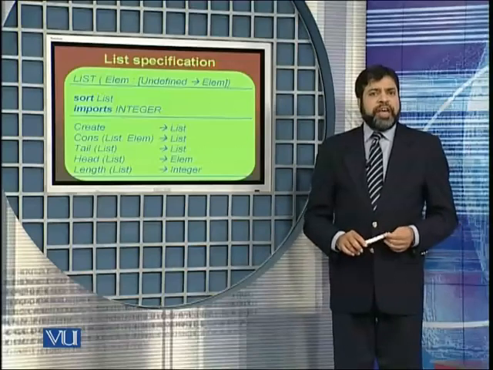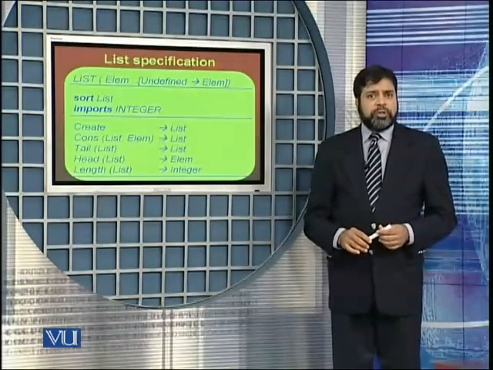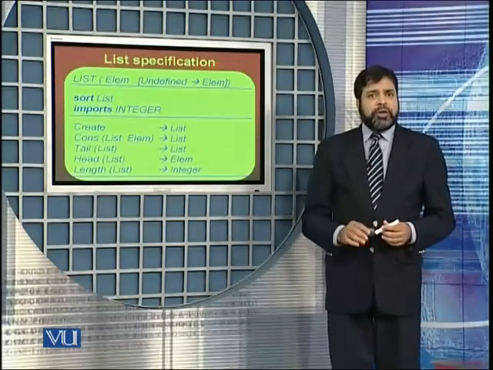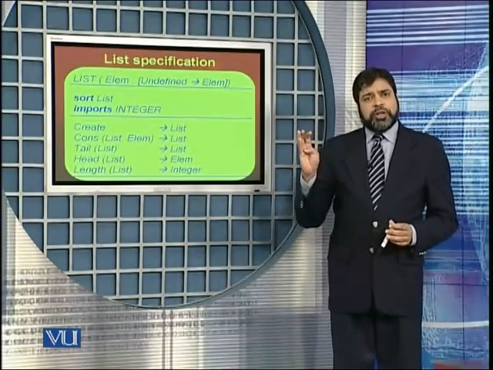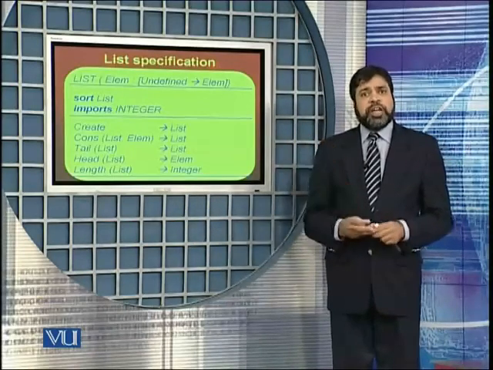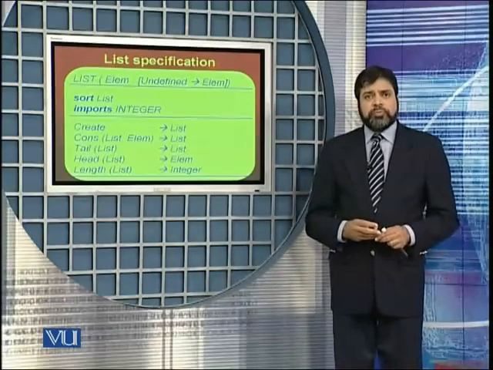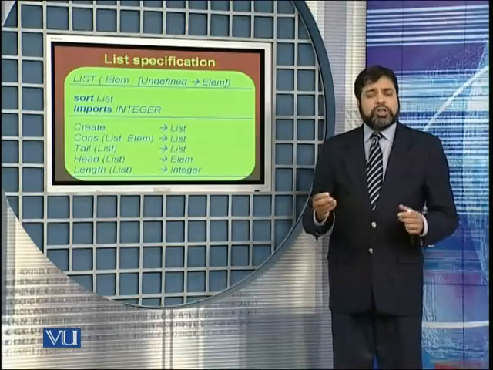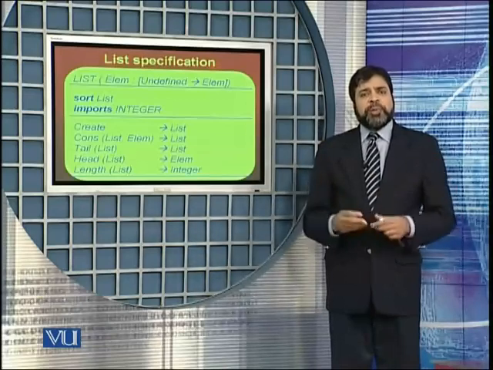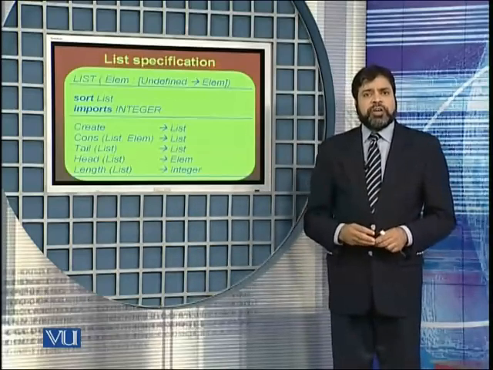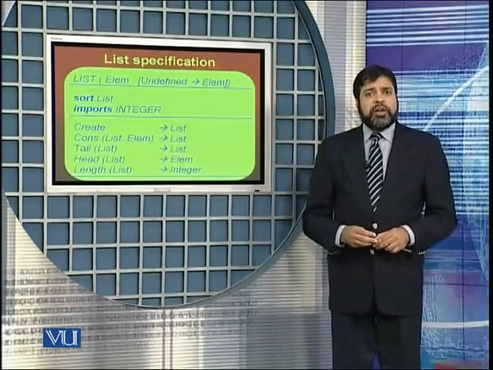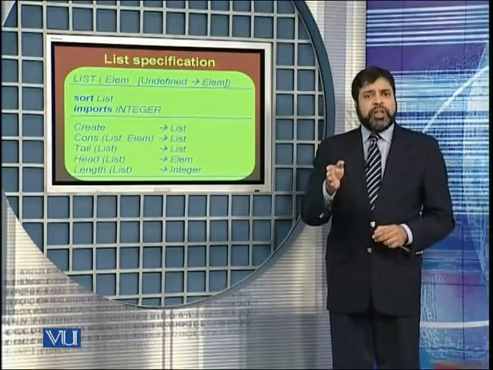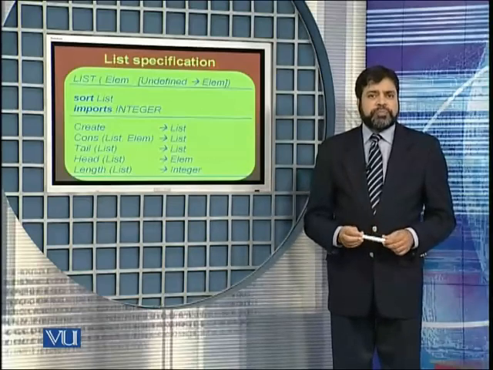Now we have these functions. There were 5 methods that we saw here. The create, which creates a new empty list. Cons, which adds one element to the end of the list. The tail, which chops the head off and gives the rest of the list.